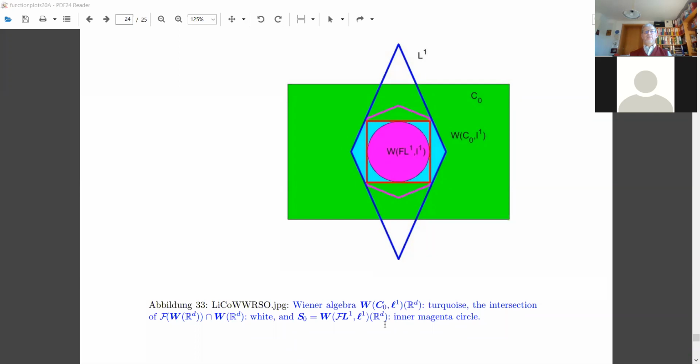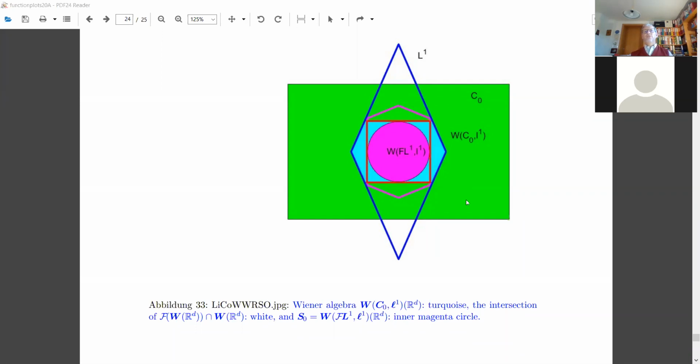And then we have the Wiener algebra, and I was using this turquoise light blue object with the argumentation that locally, in the middle of the picture, kind of in this area, it's behaving like the continuous function. Globally, you see here I have L1. The global behavior of L1 is the same as the global behavior of bounded measures. Therefore, I used part of the symbol here. So this stretched hexagon is my symbol of the Wiener algebra.